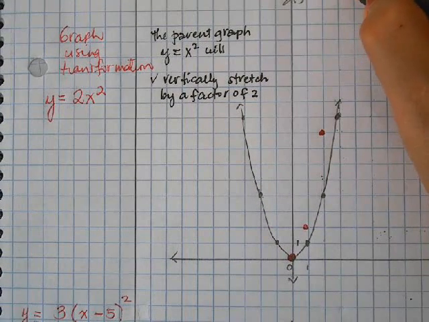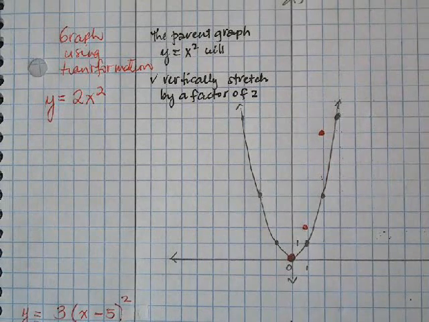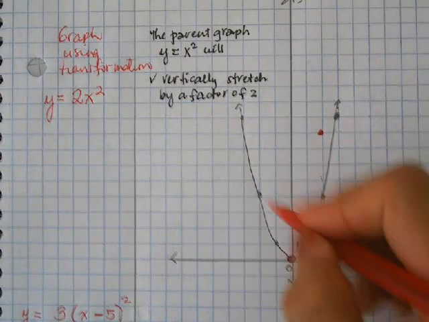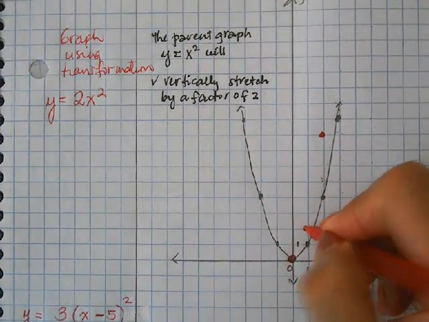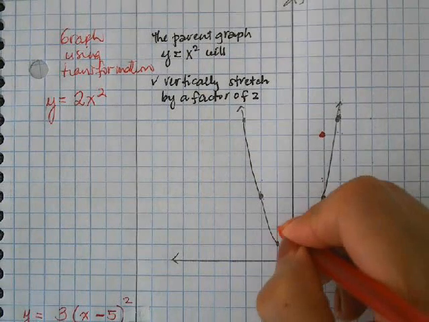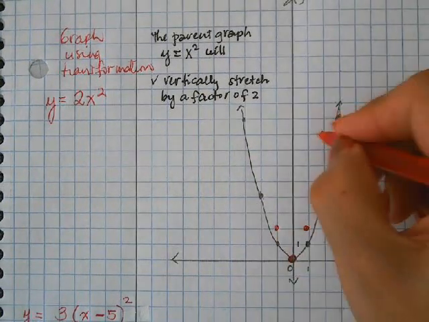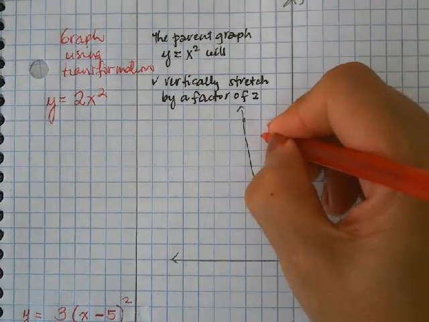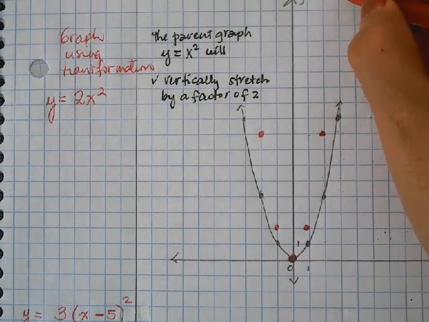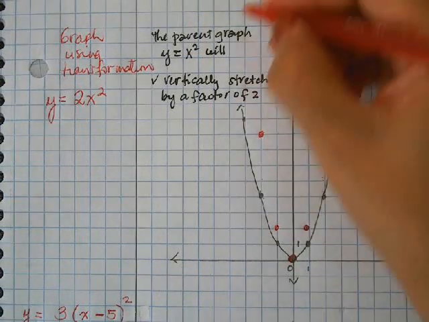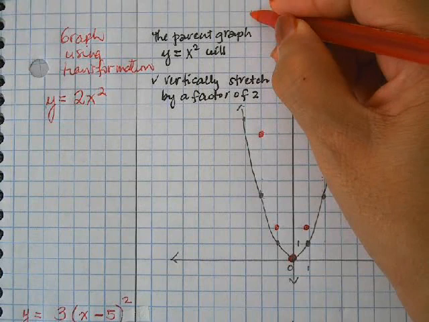We cannot make it. Then you can just use symmetry on the other side. So this will be here. Symmetry, 1, 2, 1, 2, and somewhere there. Okay, so this is our stretch graph.